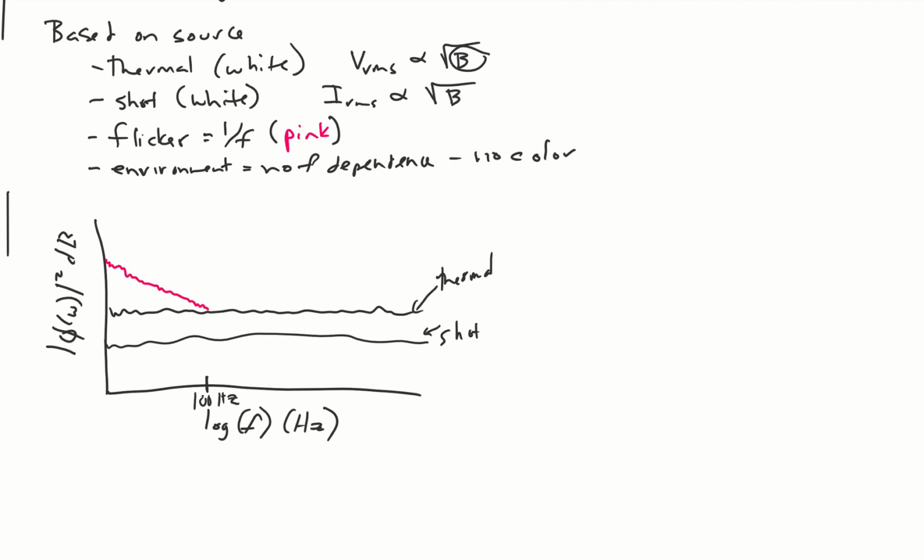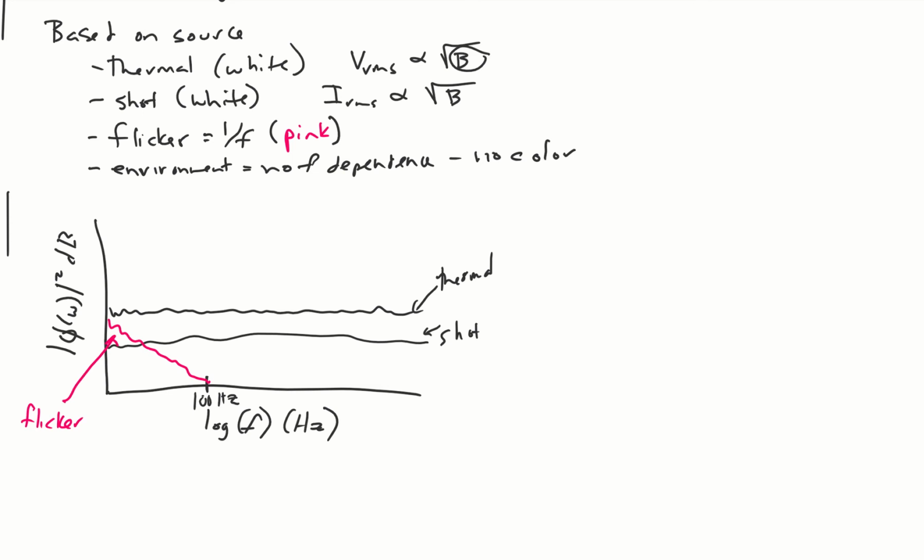But at higher frequencies, this 1 over F dependence becomes so small after 100 hertz that it's no longer a significant contributor. So let's call this our flicker noise as well.